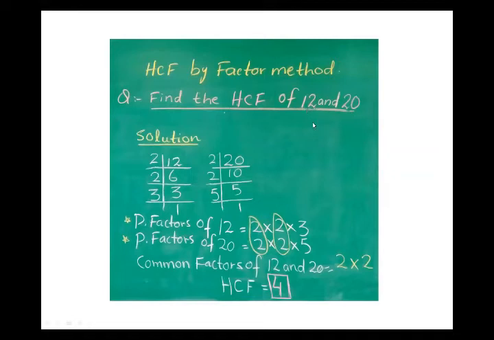Before finding the HCF of 12 and 20, we list out the factors of 12 and 20. Here you see that for 12, 2 into 6 is equal to 12, 2 into 3 is equal to 6, and 3 into 1 is 3. So all these three factors are the prime factors of 12. Similarly, the prime factors of 20 are 2, 2, 5.